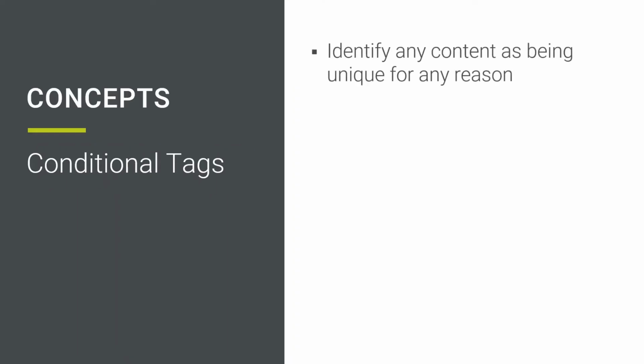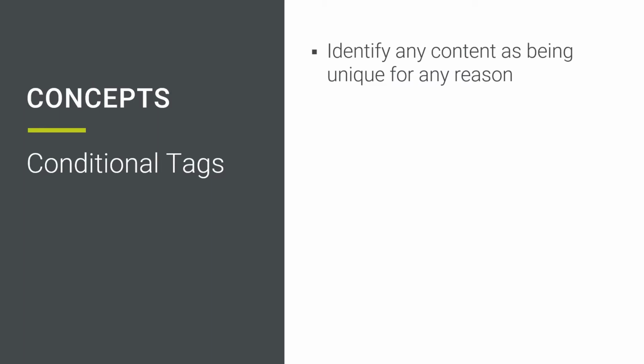So, concepts. The time to use a conditional tag or a conditional marker is if you need to identify content as being unique for any reason. Whether it's text, screenshots, tables, lists, it doesn't matter. Content is content.